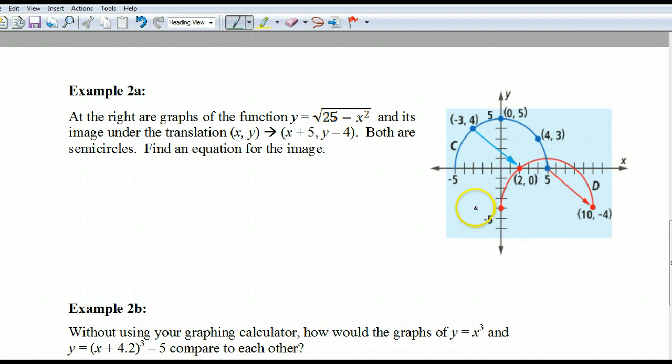So originally we are at the blue, right? And then we're moving. If we're at the origin and then we move x plus 5, this becomes the new spot, and then down 4. So your center point would actually be right here.